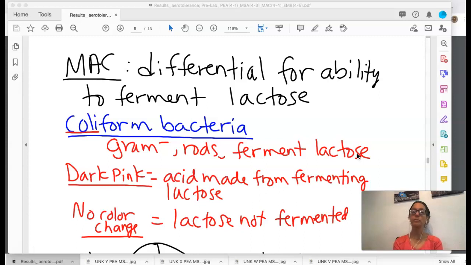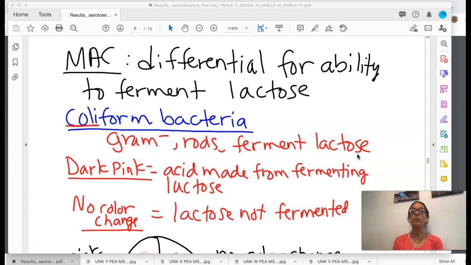of those features. This media will change colors because it is differential, right? To be differential says of the bacteria that grow, we can see a difference, and that difference is because of a metabolic activity. For Mac, that metabolic activity is fermentation of lactose.